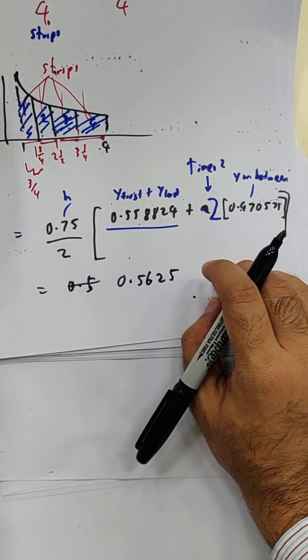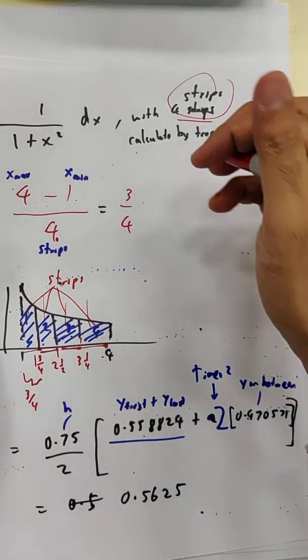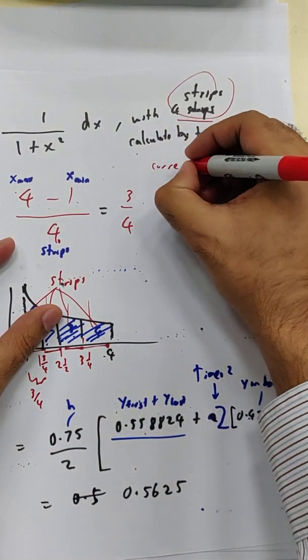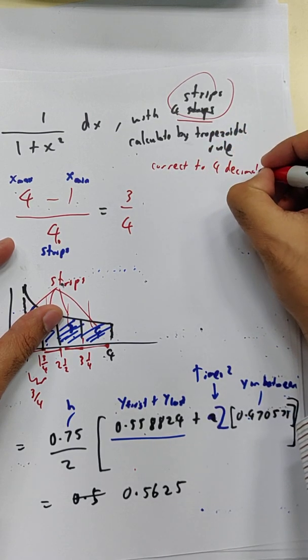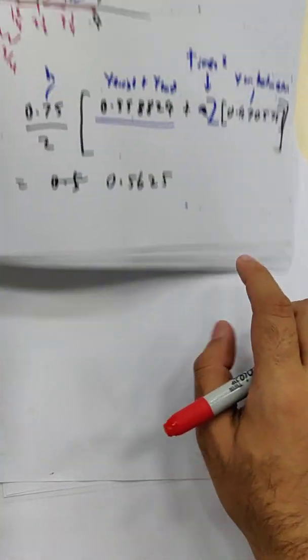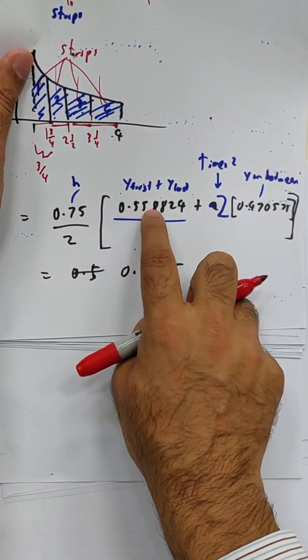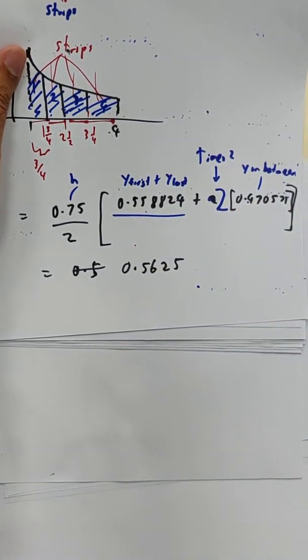Well, the questions can go further, something like this. I missed one thing from the questions. They want correct to 4 decimals. If they want 4 decimals, here I give you 5. If they go to 6, I go 5, enough.